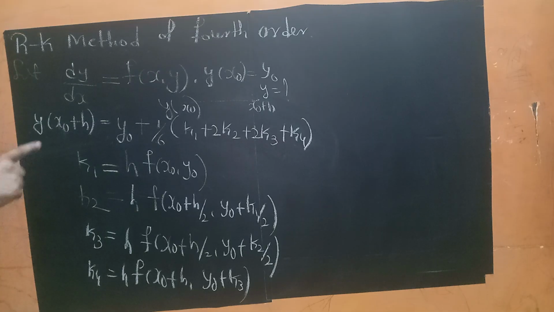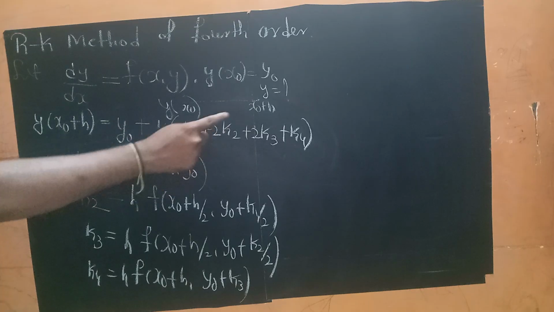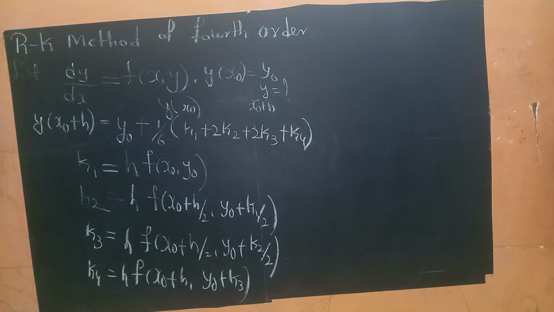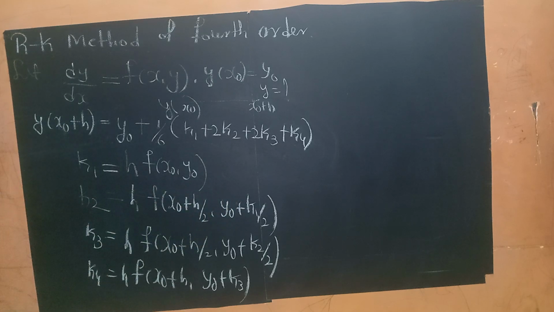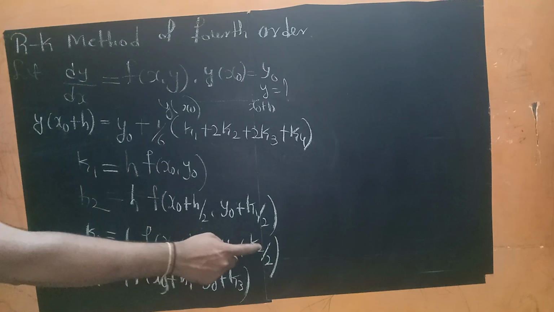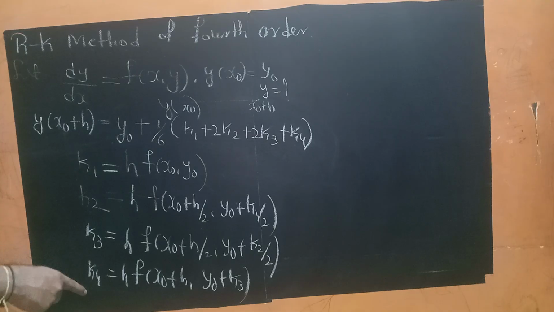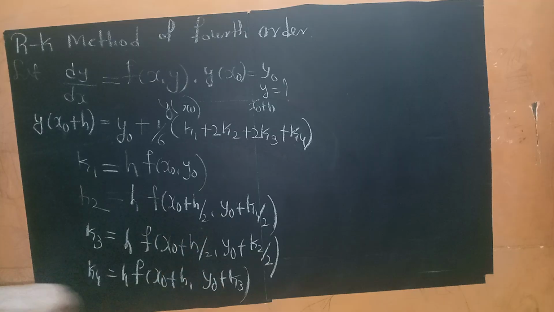And what it says: y of x naught plus h equals y naught plus 1 by 6 into k1 plus 2 k2 plus 2 k3 plus k4, where all these k1, k2, k3, k4 are constants to be determined using this formula. k1 is nothing but h into f of x naught comma y naught. k2 is nothing but h into f of x naught plus h by 2 comma y naught plus k1 by 2. k3 is nothing but h into f of x naught plus h by 2 comma y naught plus k2 by 2. k4 is nothing but h into f of x naught plus h comma y naught plus k3.